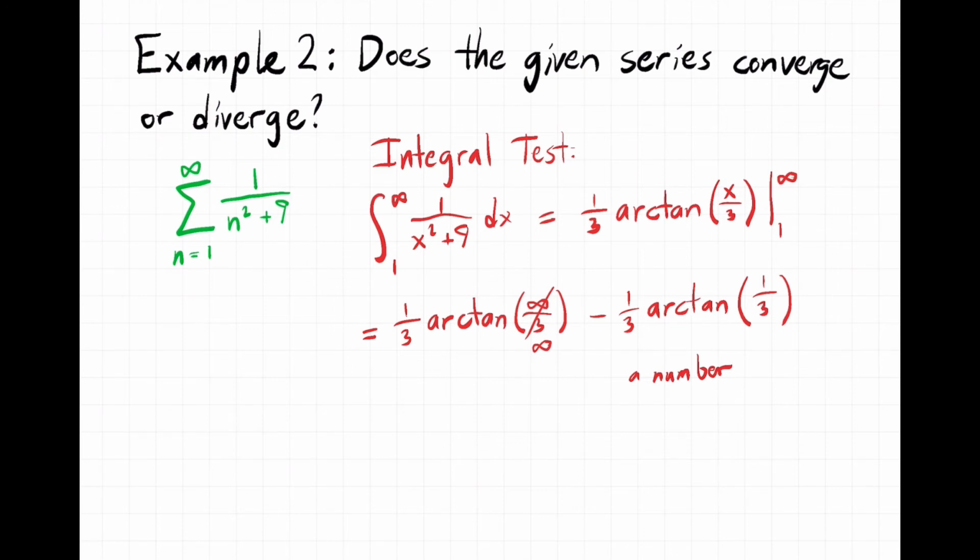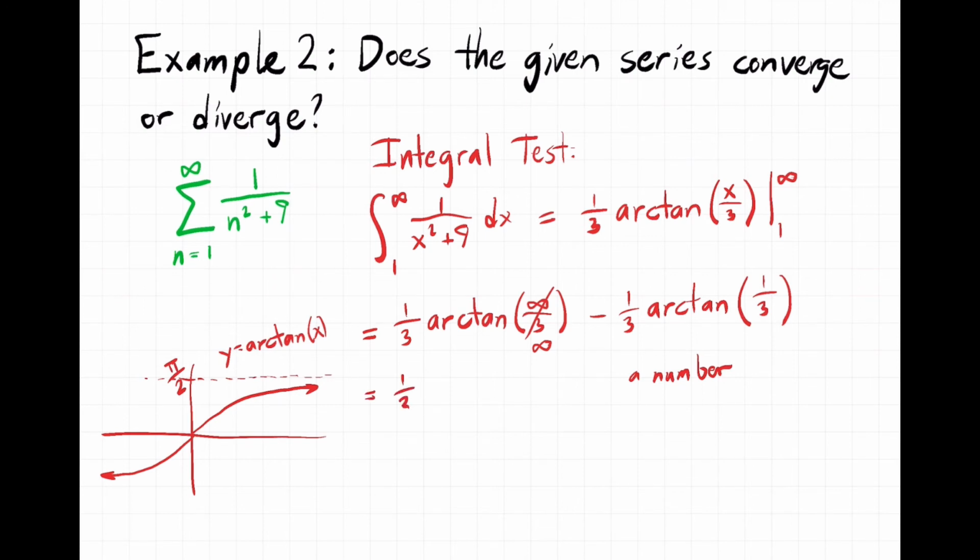Well, if we draw a little graph, the arctangent function looks a bit like this. This is just plain old y equals arctangent of x. And the limit as x goes to infinity is actually a finite limit right up here at pi over 2. So the arctangent of infinity essentially is pi over 2.